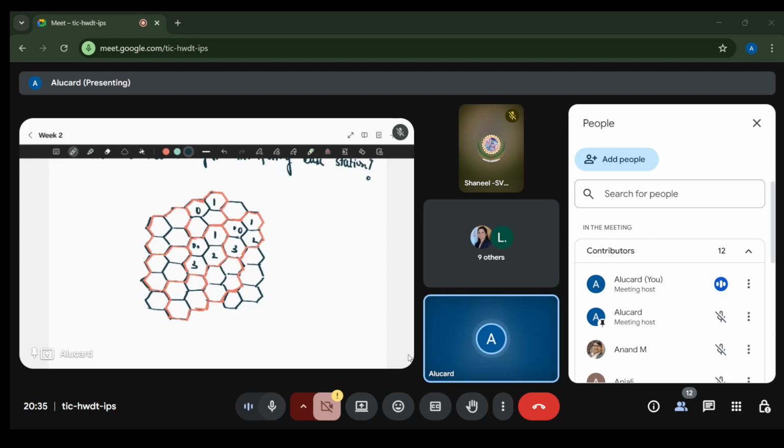Here also it's 0, 1, 2, 3. So it will be the same labeling scheme in all the clusters. What I mean by these labels is that a cell named 0 in one cluster and the cell named 0 in the other cluster both use the same frequency. So these are the co-channels that are reusing the same frequency.